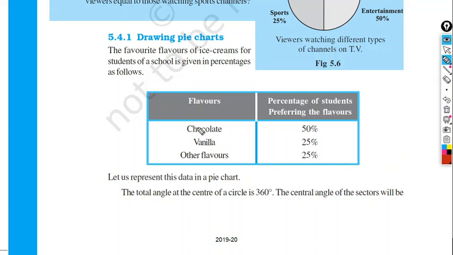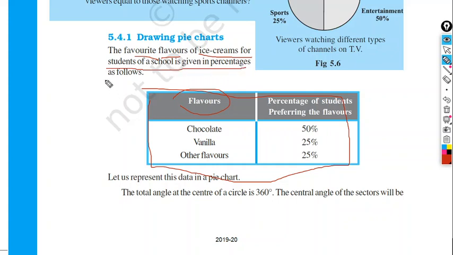So here you can see a table is there. In this table, flavors, I think it is chocolate ice cream flavor, I suppose. The favorite flavors of ice cream for students of a school are given in percentage as follows.